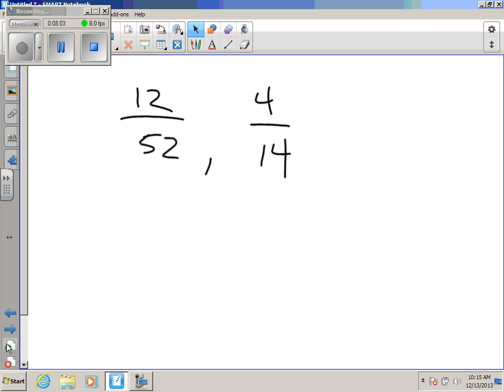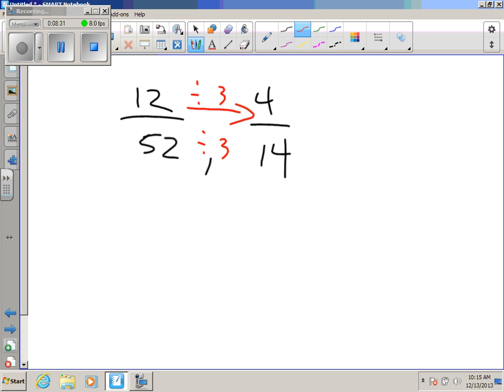Is there a relationship between 12 and 4? What is it? What about 3? Divide by 3. 12 divided by 3 is 4. Now, in order for these to be proportional, this would also have to be true. 52 divided by 3 is 14?